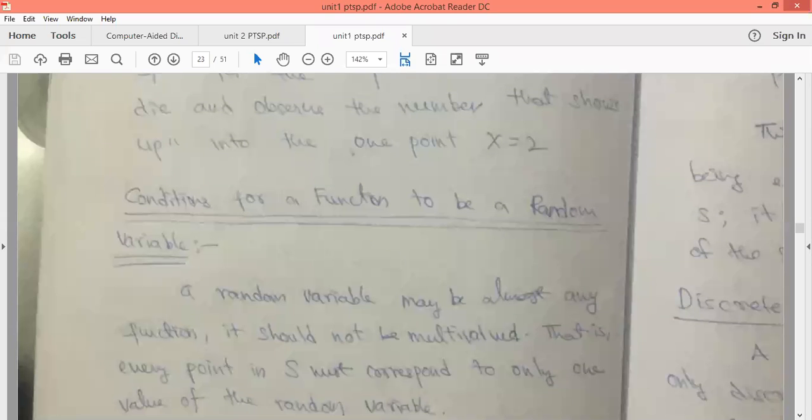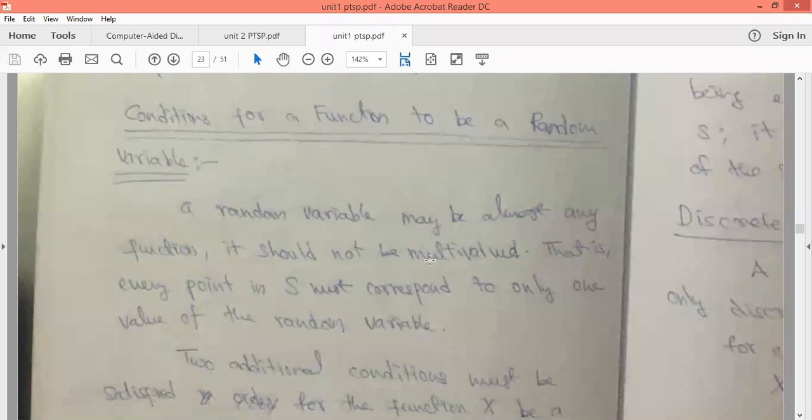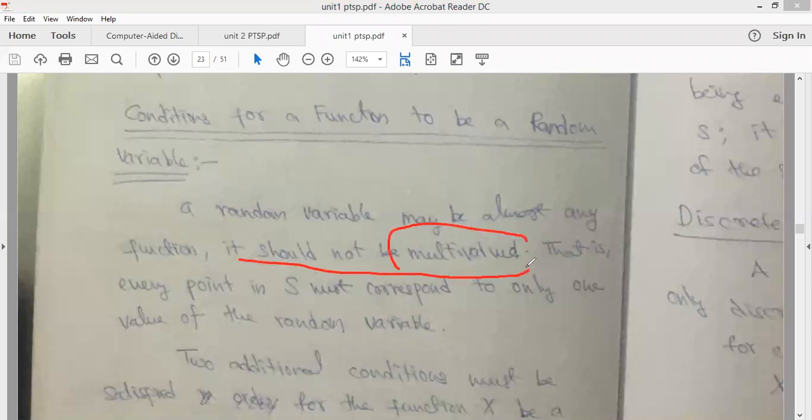Now we'll discuss the conditions for a function to be a random variable. The first condition is that the function should be a single valued function. It should not be multi-valued. A single valued function is one where every element of the sample space is mapped to only one value.